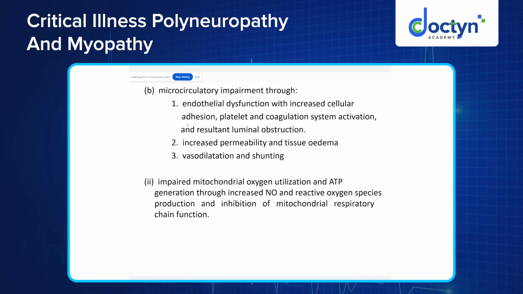Another cause is impairment of mitochondrial oxygen utilization, the powerhouse of the cell. Because of that, ATP generation is hampered, and there is reactive oxygen production and inhibition of mitochondrial respiratory chain function.